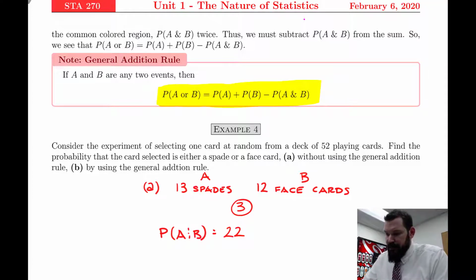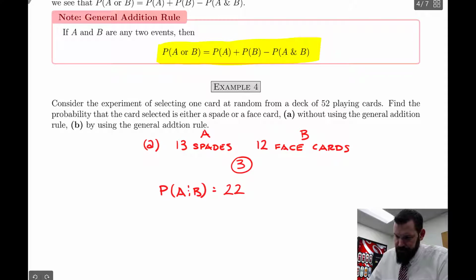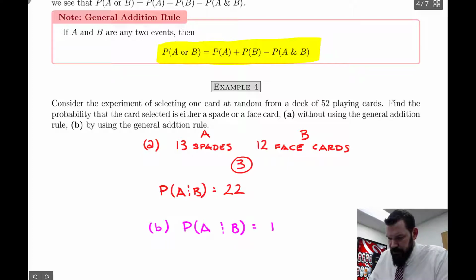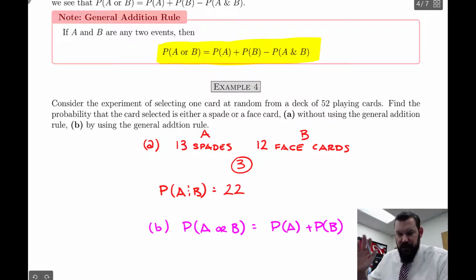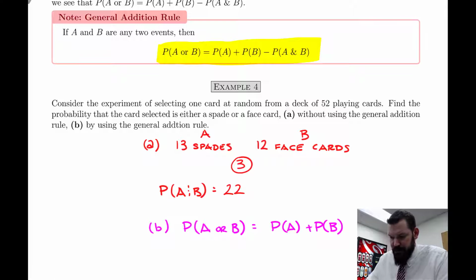Now if we were to do that using the general addition rule, the probability of A or B is equal to the probability of A plus the probability of B minus the probability of A and B. (If there's a weird background noise, there's a fan right above my head. I switched rooms because Steven's tutoring Sarah's daughter right now, little JoJo, so it's just bizarre.)